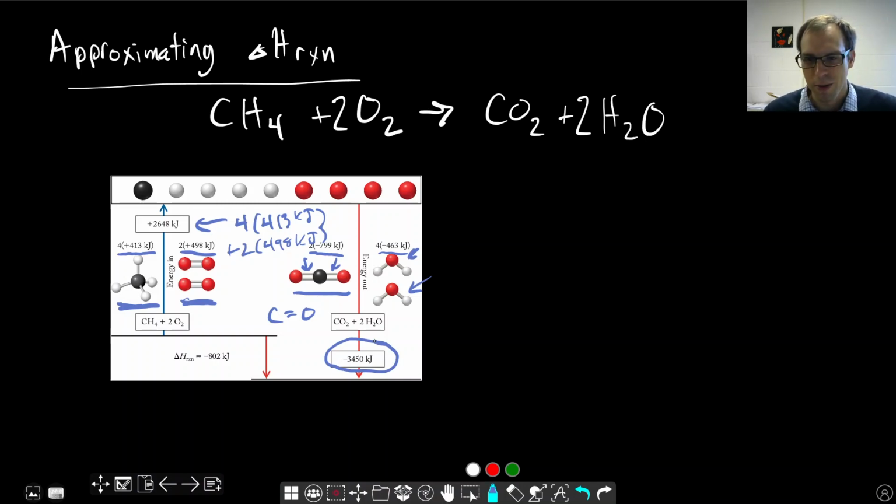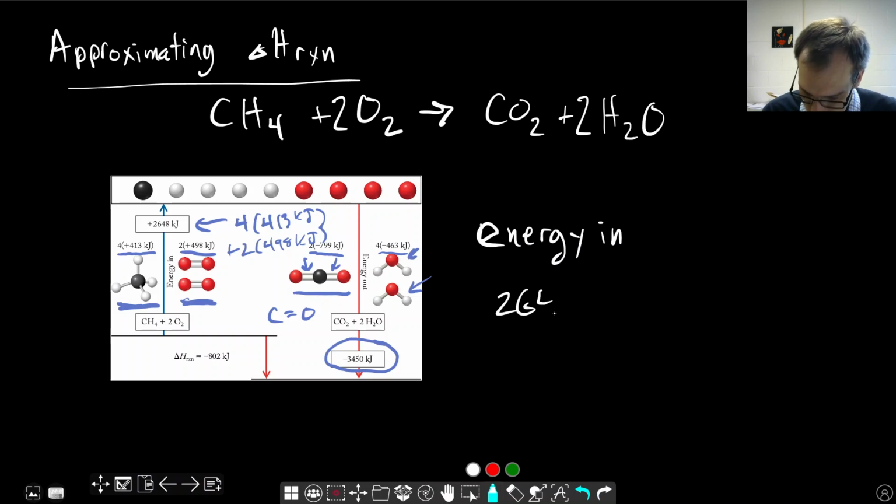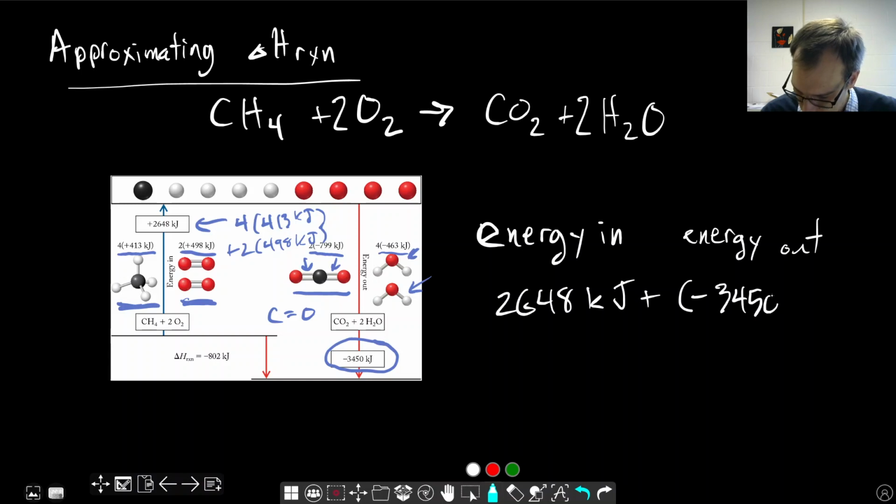So our net, once we add these together: our energy in was 2648 kilojoules, and our energy out was negative 3450 kilojoules.